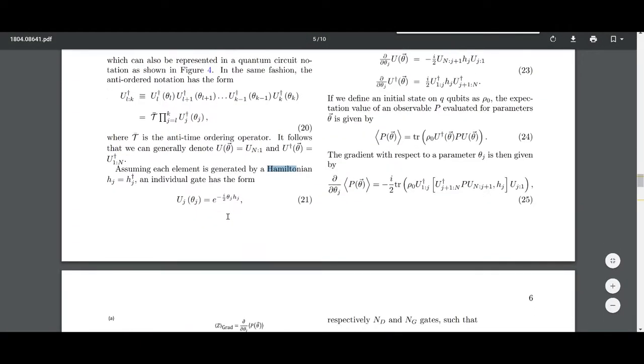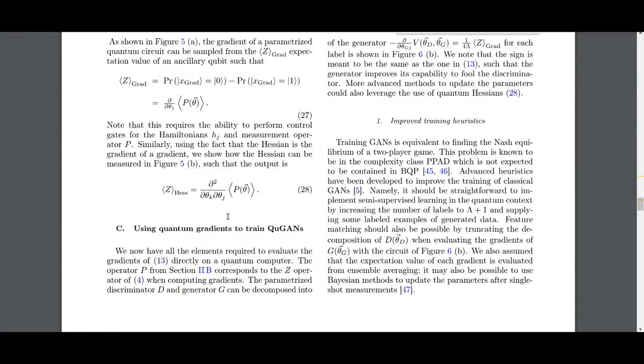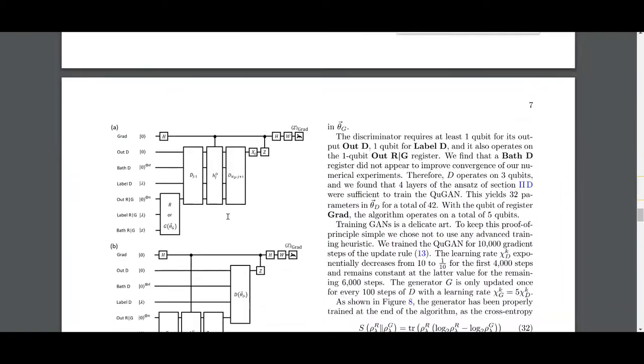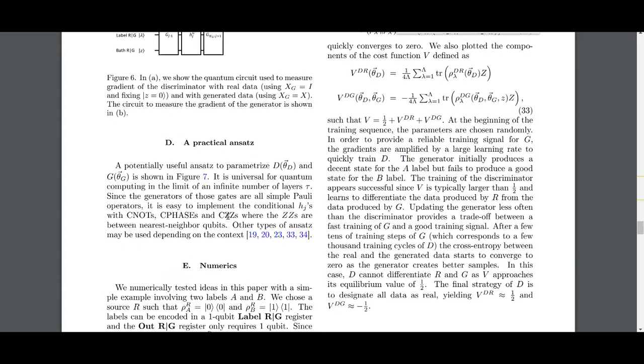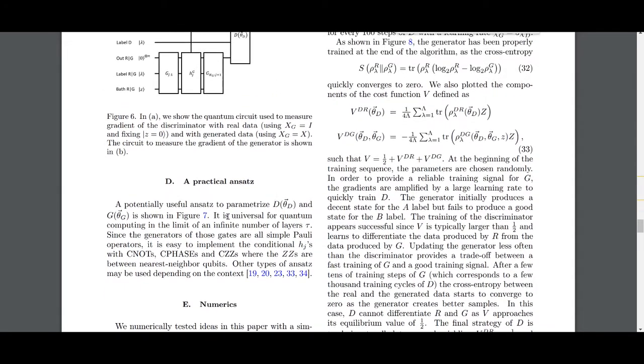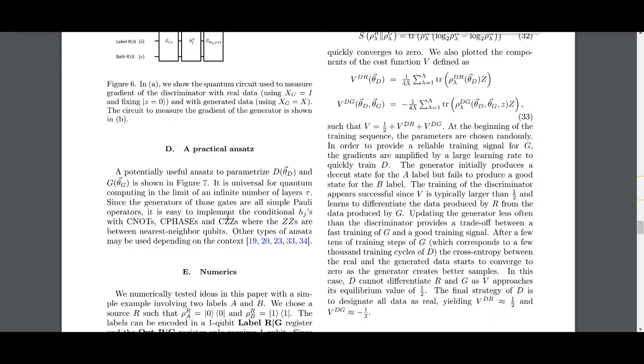And here it says it's to implement the conditional, it's all simple Pauli operators. I mean, they are not simple Pauli operators, are they? Maybe they are in the sense that they're just rotations, exactly.